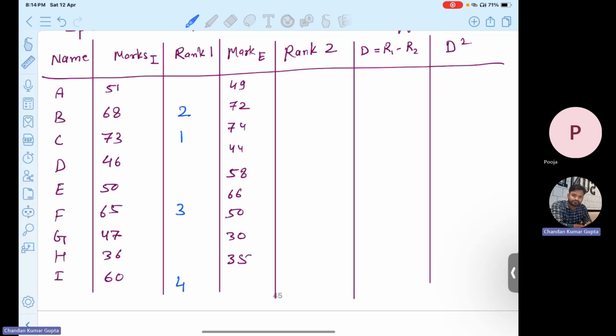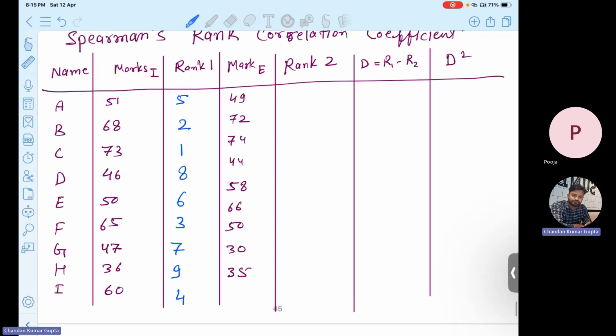And then 60 again, and after 60, 51 is there, then 50, and then 47, and then 46, and then 36. So this is the ranking for the internal marks.